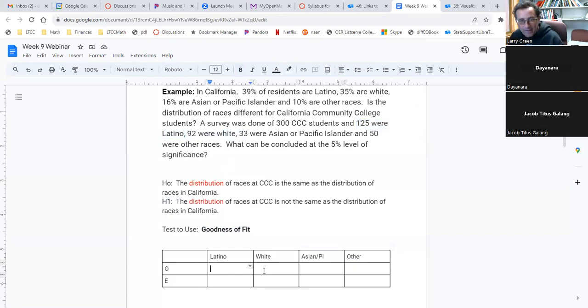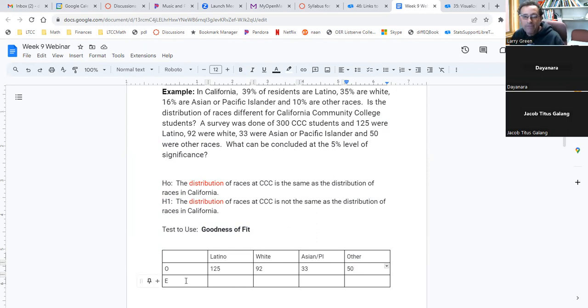So the observed for Latinos is 125. Is that clear? Okay, good. How many observed whites were there? Now it's going to be 92 because it says 92 were white. How many observed Asian Pacific Islanders? 33. And how many observed others? That's 50. Any questions on that?